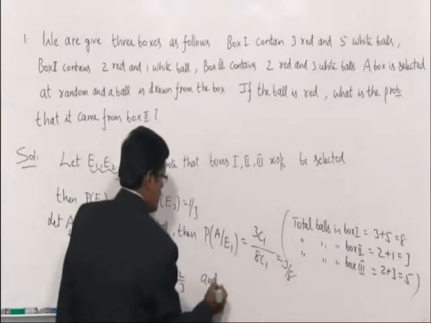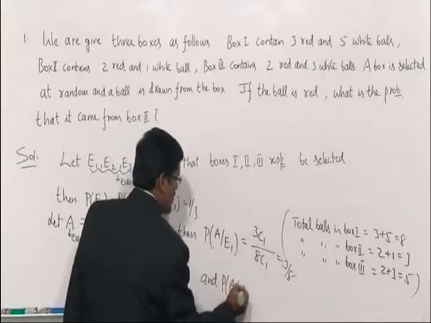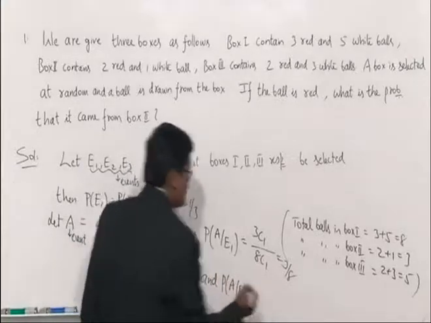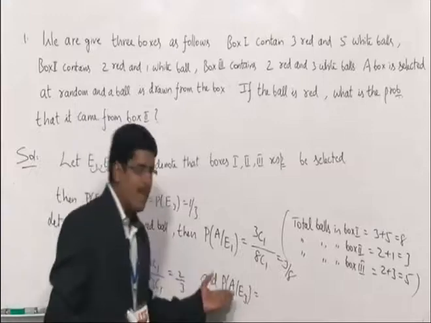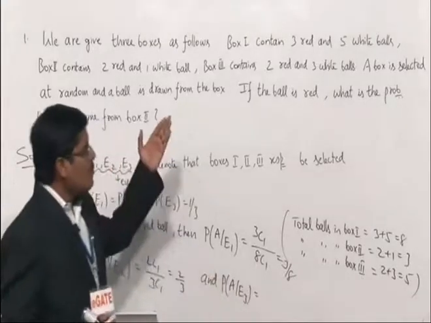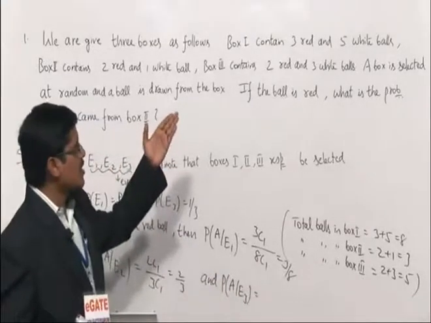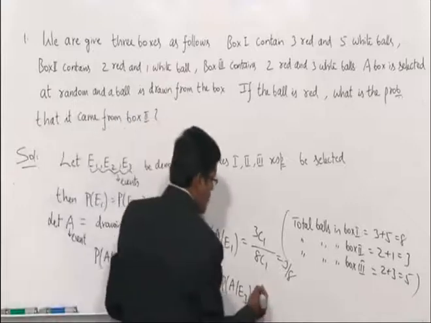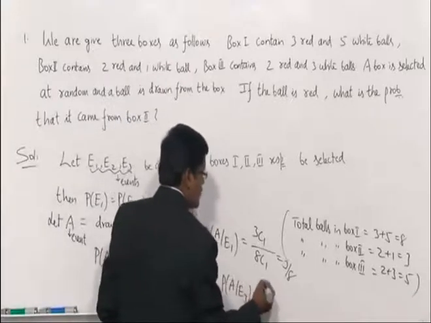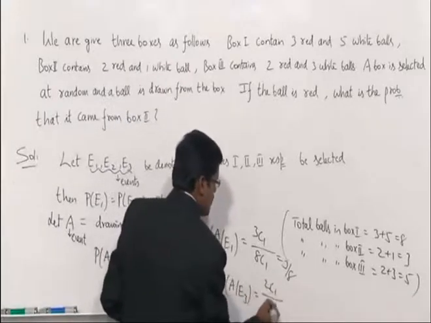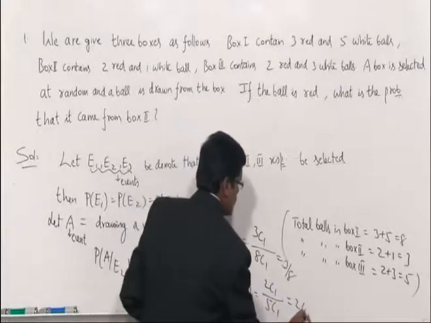And the third box is there. P of A given E3. What is the meaning of this sentence? First select the third box and then pick a red ball. In the third box, total balls is equal to 5, and there are 2 red balls. One red ball can be picked from the third box in 2C1 by 5C1 ways, that is 2 by 5.